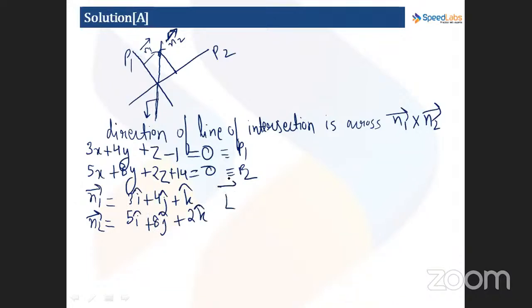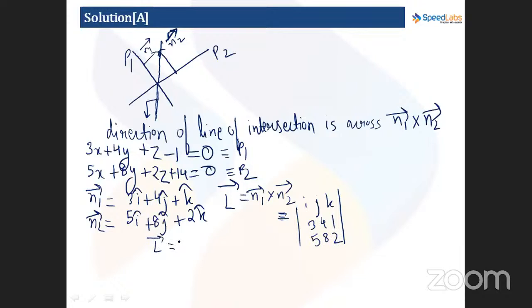So I know the direction of the line, that is n1 cross n2, which is again very easy to find, the cross product i, j, k, 3, 4, 1 and 5, 8, 2. So the direction of L vector is minus j cap plus 4k cap.